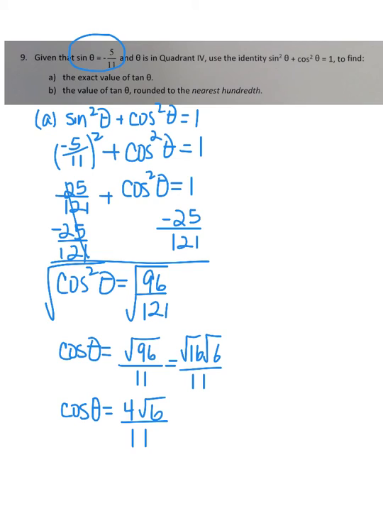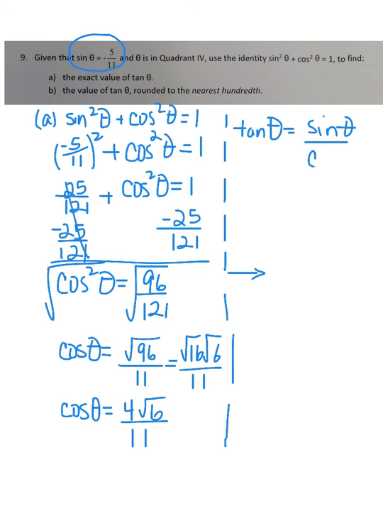Okay, so they're asking me to find tangent. So I'm just going to put the remainder of my work over here on the right, just so we don't get it confused. Now, I know that tangent is the sine over cosine, y over x.